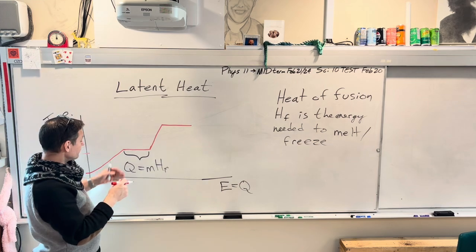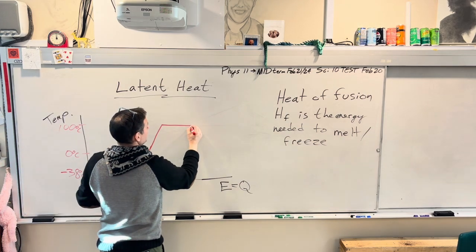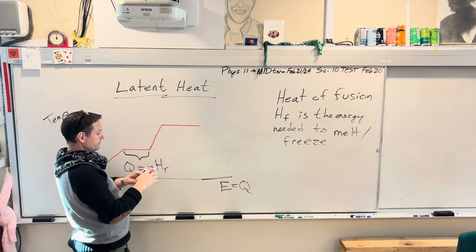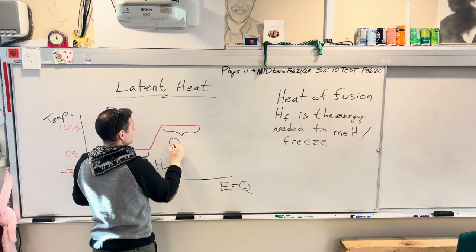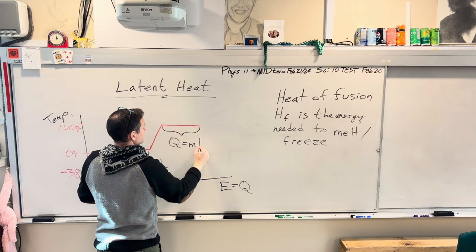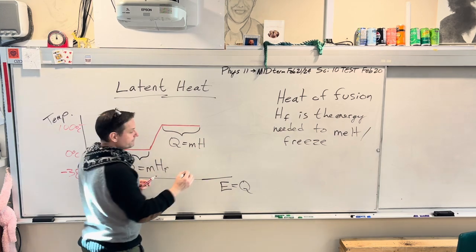And this is a different heat of fusion again. I can't remember which one is bigger. We'll look it up. This is a different cube. And this is called the heat of vaporization.